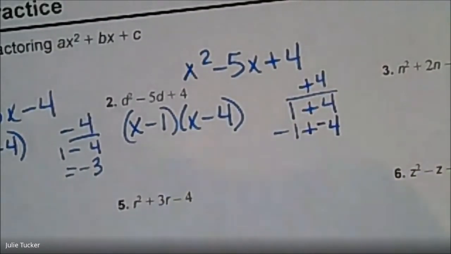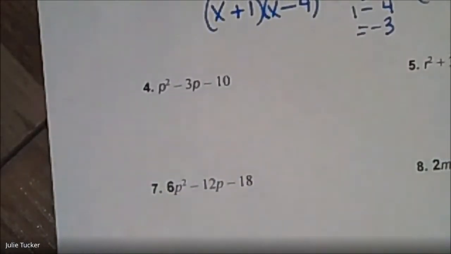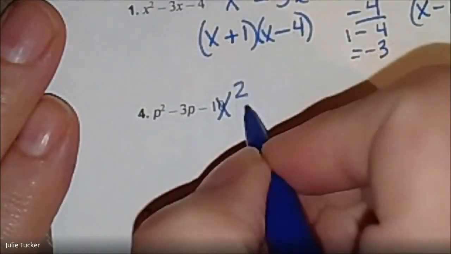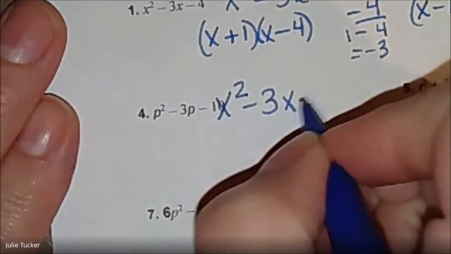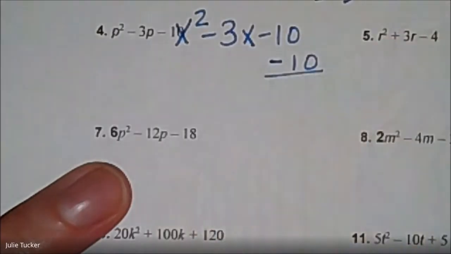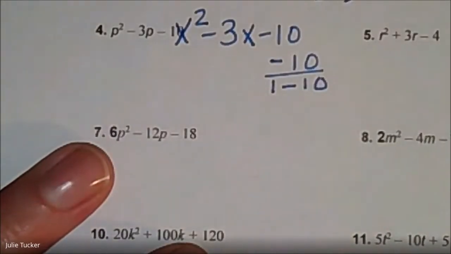Okay, next problem. How about this one? Okay. So again, I'm going to write it bigger. It's x squared minus 3x minus 10. So we're working. Good. So then what are the factors of -10? 1 minus 10 is just 9.